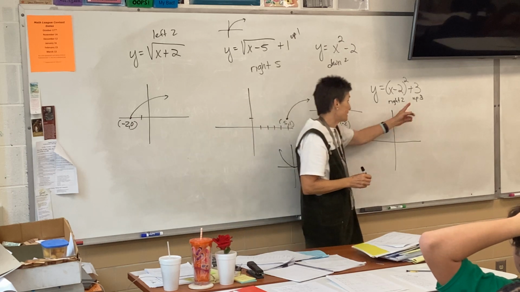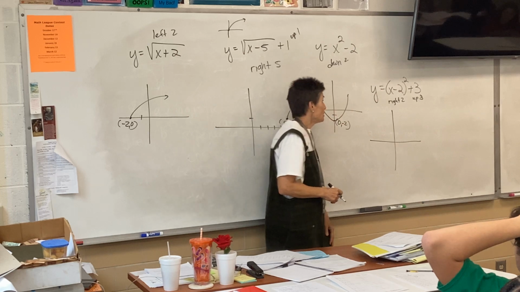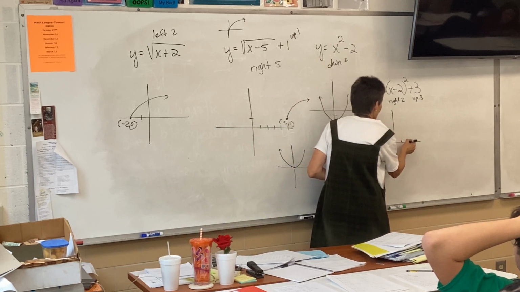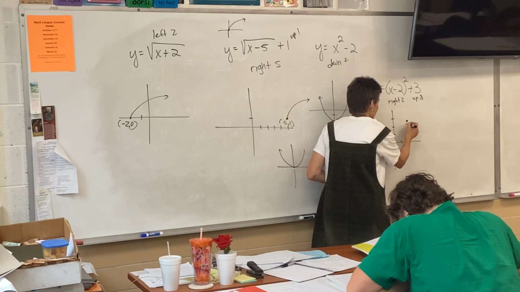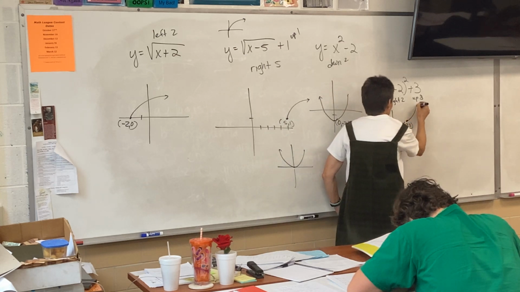But if it's outside, it does exactly what you think, up 3, plus 3. So this is gonna be my parabola shape, but it's going to go right 2 and up 3. So what's that point gonna be? My starting point is going to be 2, 3. And there's my parabola.